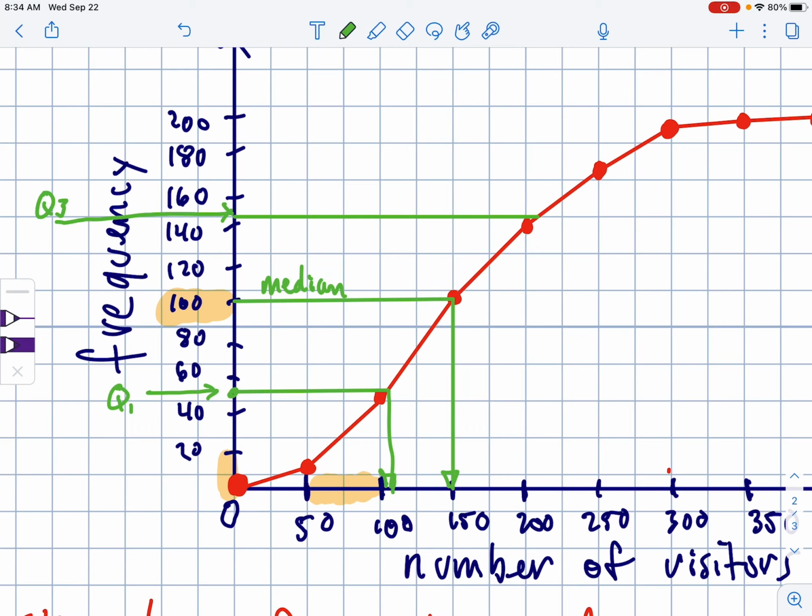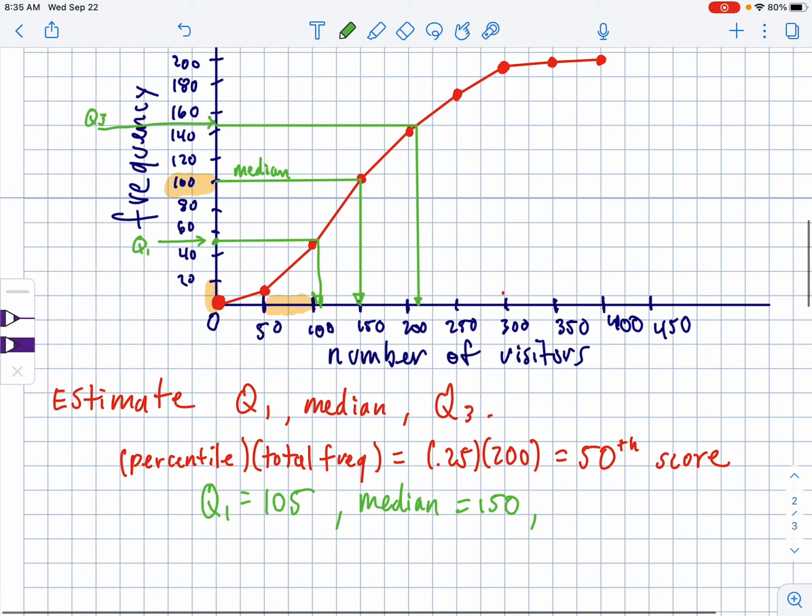Start it here. It wants to lock to the grid. Okay, so it's probably a little bit above that. We'll say it's right here. Drop it straight down. What do you guys think that is? Let me see. 225 would be the halfway point. So like 210, 215? We'll say 215.